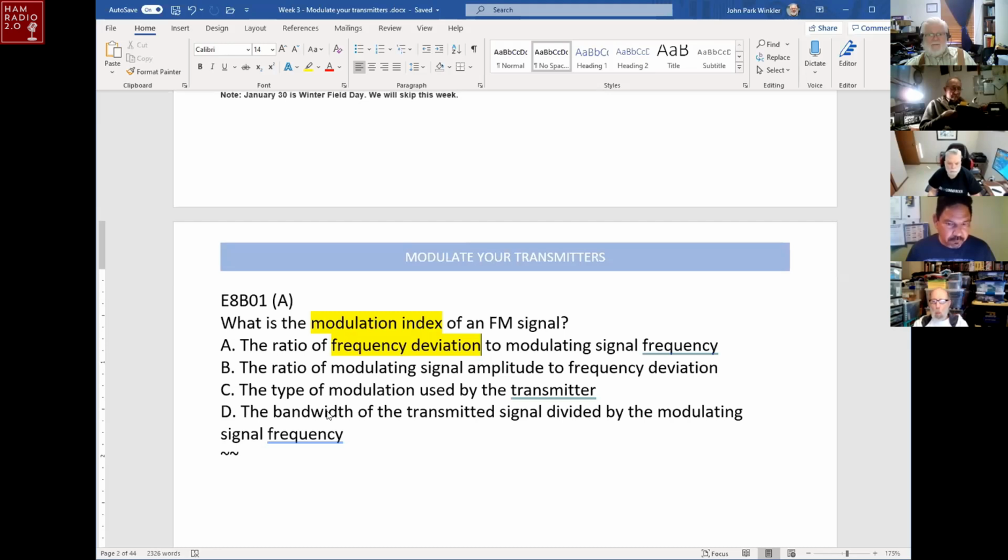You don't know the bandwidth without some calculations. So you've got frequency deviation. That's the amount of move there is in the carrier with the modulation. And the modulating signal frequency, if you're sending a pure tone, is whatever the frequency of that tone is. So that's how we begin this process.